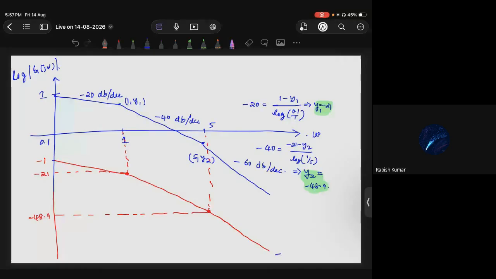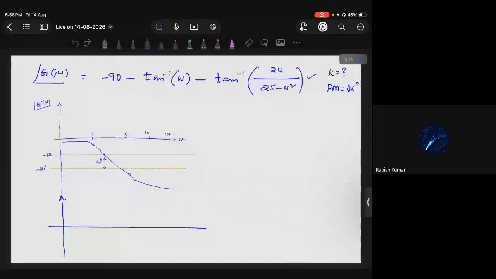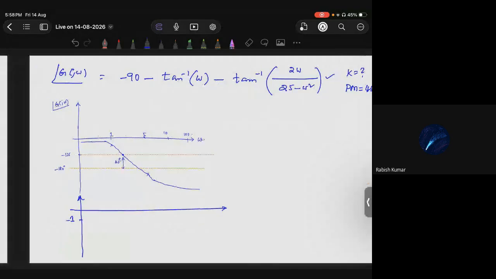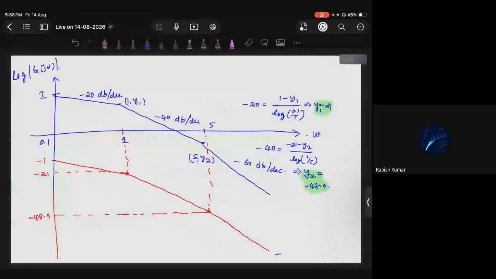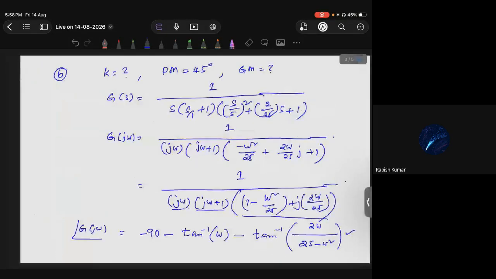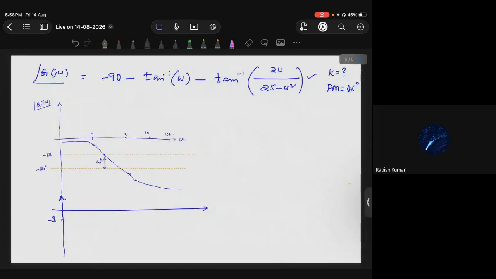Okay. So if you take up that, it starts at -1. Then we have -21, -48.9. Okay. So we have this curve.